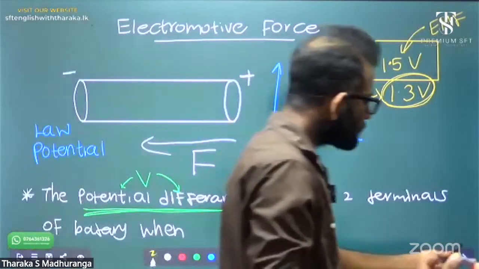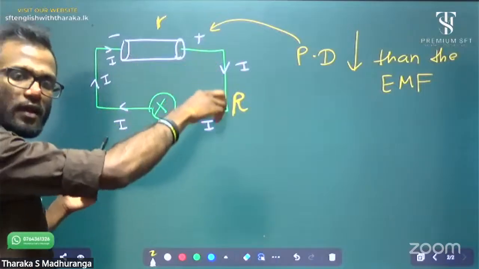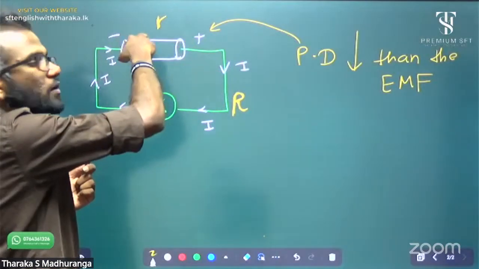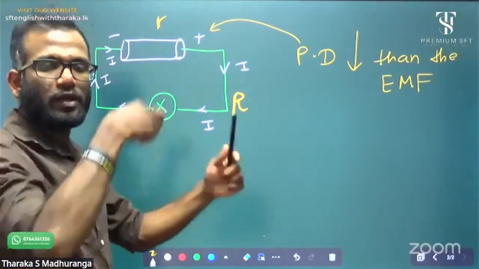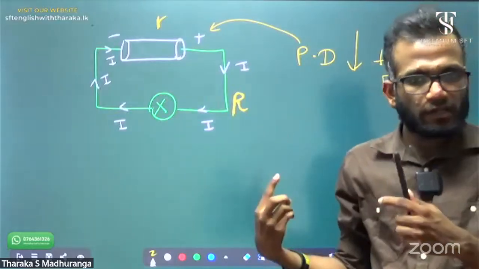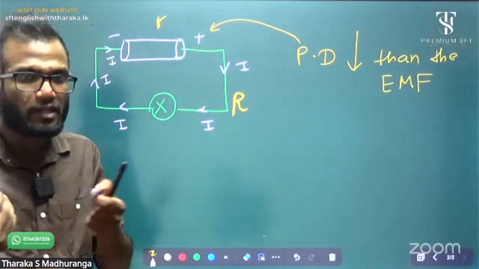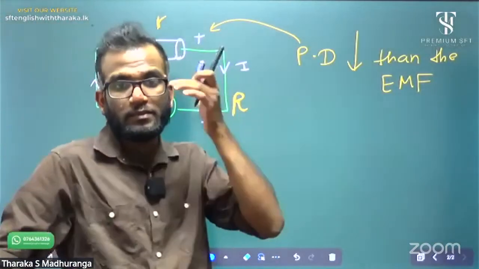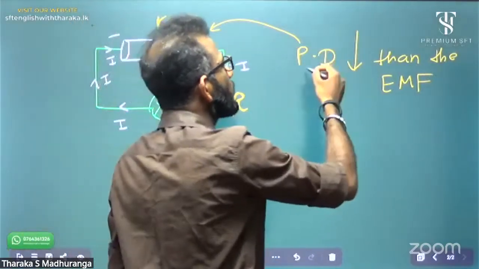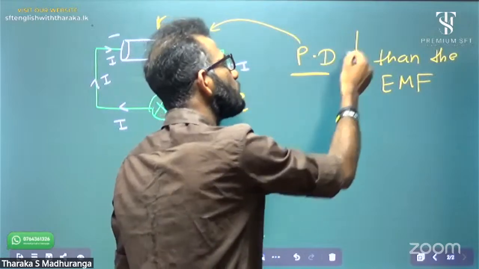But if I connect it to a circuit like this, the current is flowing from positive to negative, right? Due to this internal and external resistance, what happened? The potential difference decreases. The voltage decreases, therefore we call it potential difference. When I connect it to a circuit, the potential difference decreases.